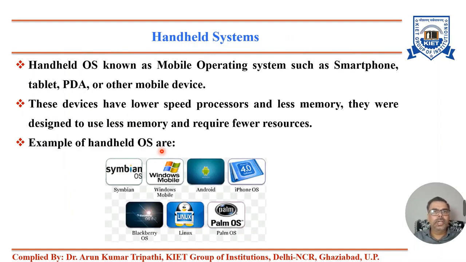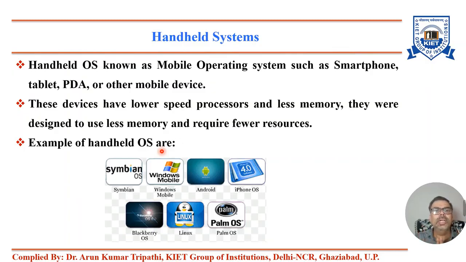The last one is the handheld or mobile operating system. We are using mobile devices nowadays, such as palmtops, mobile phones, and various other devices, for example wristwatches, smartphones, PDAs, and tablets.